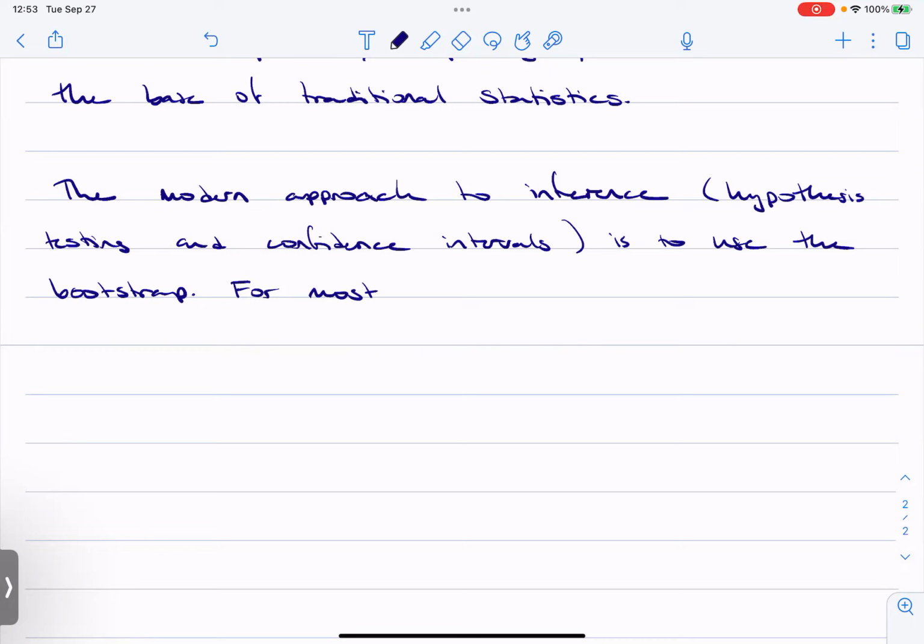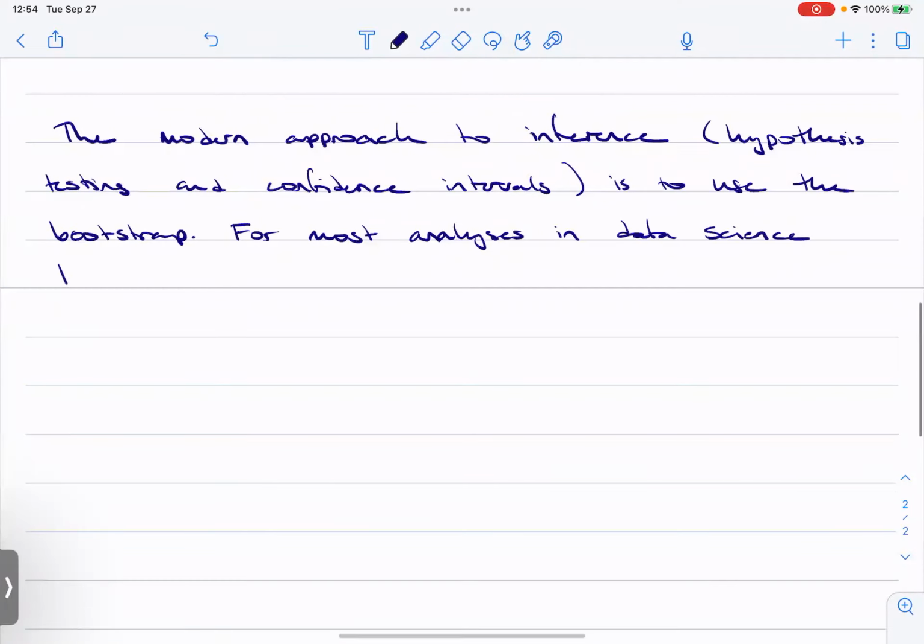Those words, they mean something, right? But for most applications, we're going to be able to just take the sample and regenerate it and produce our own sampling distribution. So for most analyses in data science, the bootstrap will suffice.